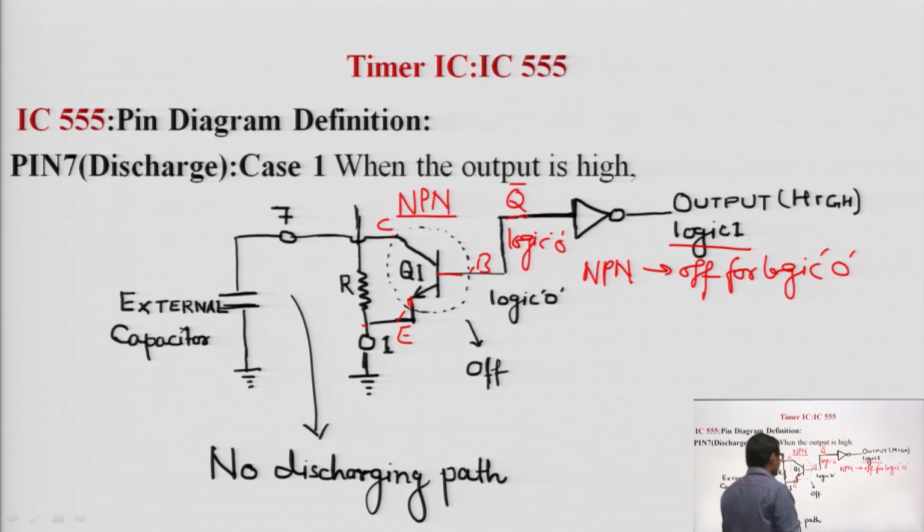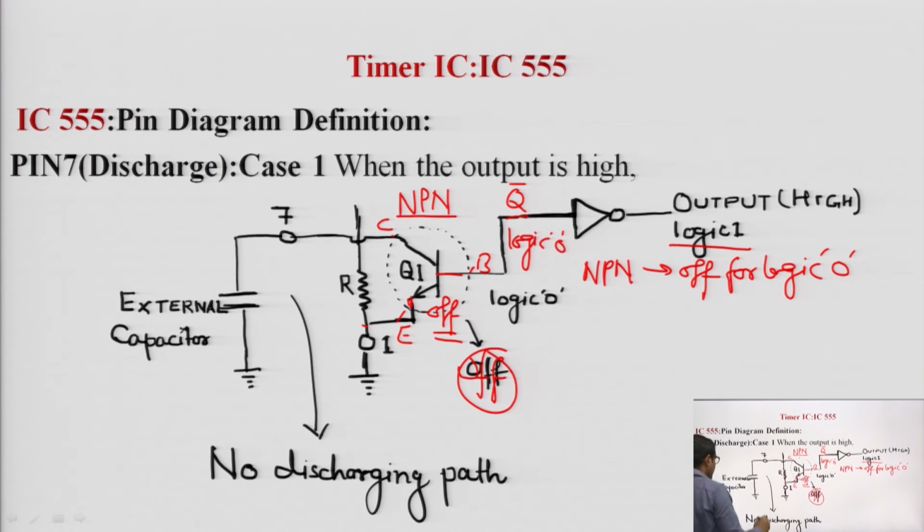For logic 0, the NPN transistor is off. This means the external capacitor has no discharging path, so the external capacitor is disconnected from the ground.